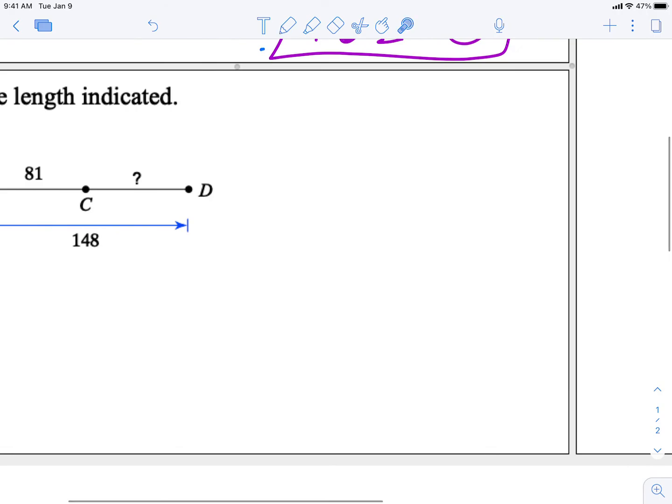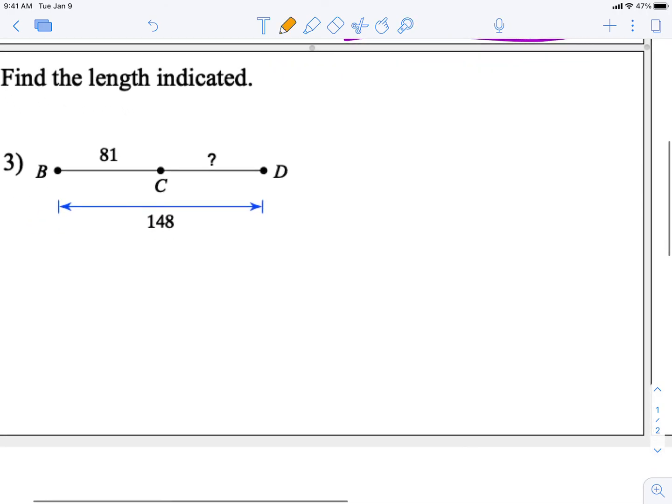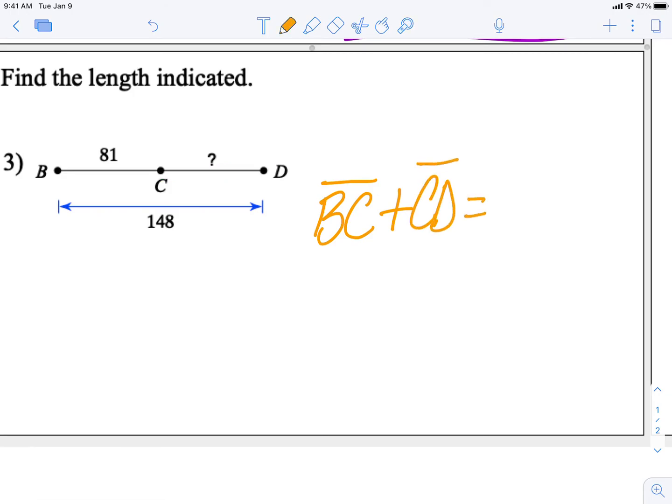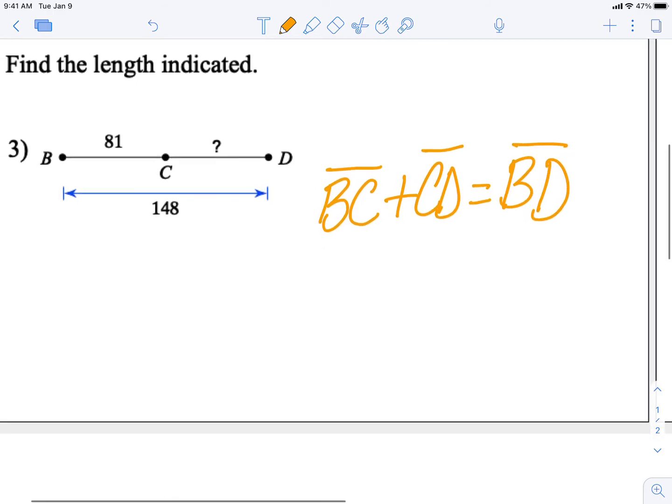So segment BC plus segment C to D, so segment CD, is equal to the long segment B to D. BD, right? Draw my line of separation, right?